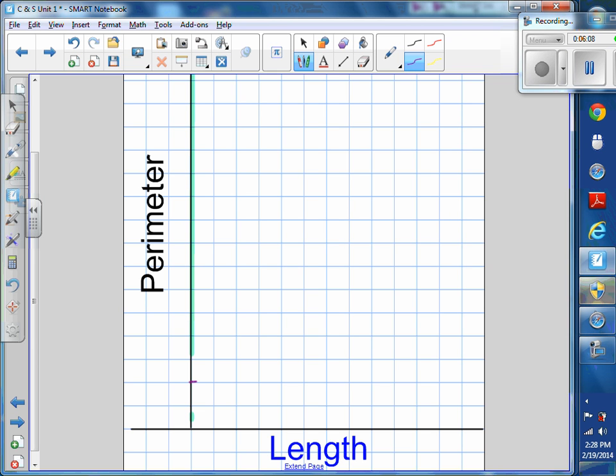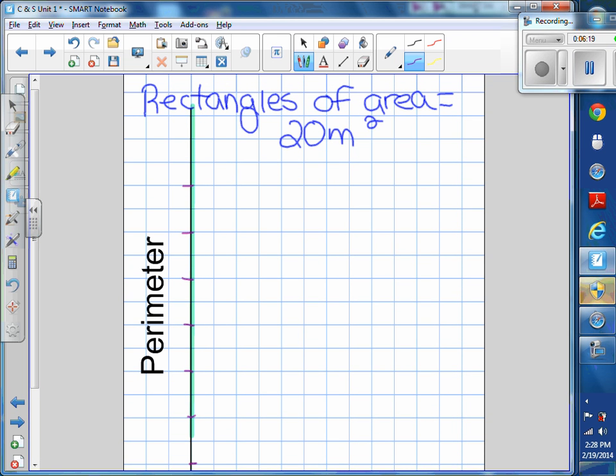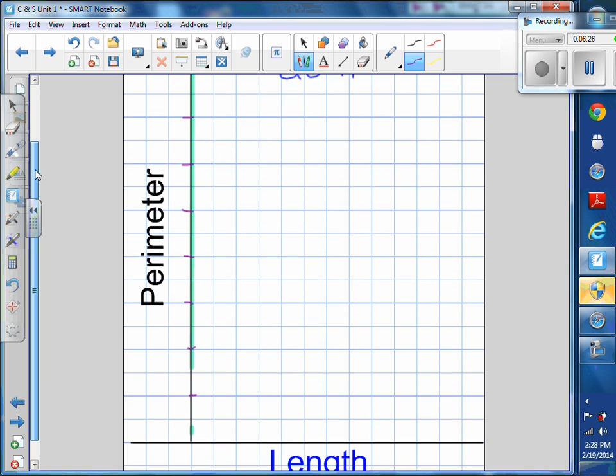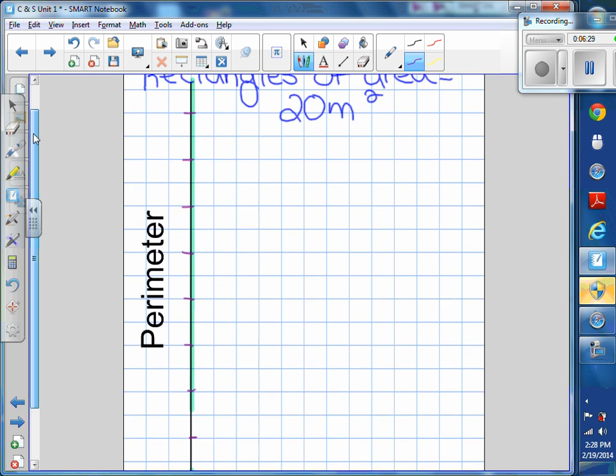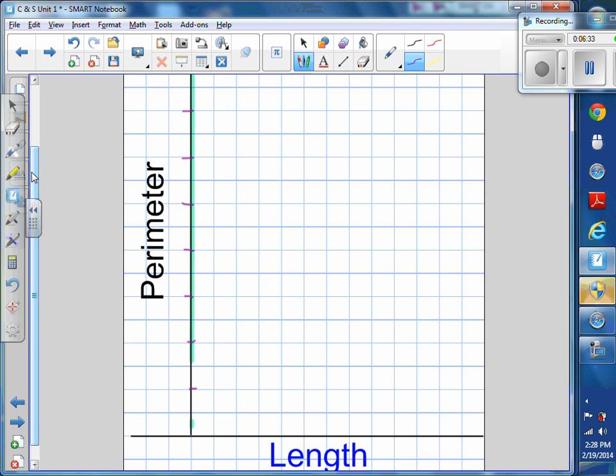So I'm going to count my spaces. 2, 4, 6, 8, 10, 12, 14, 16, so I have 32 spaces there, right? So maybe if I just count by 5s and just use 10 right here: 10, 20, 30, 40, 50.